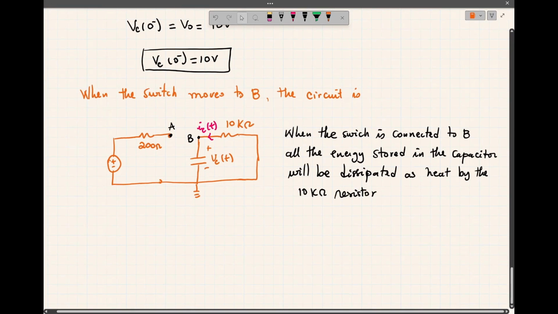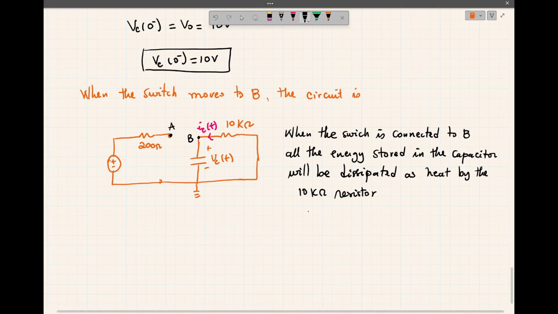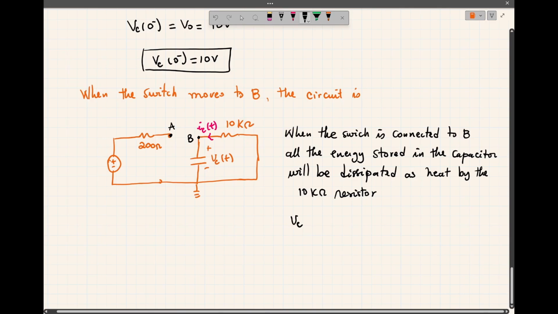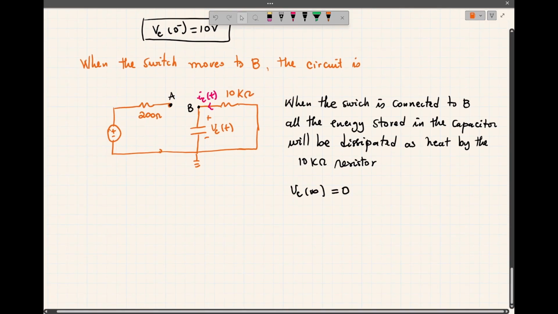And because the switch is connected to B for such a long time, all the energy will be dissipated, so the voltage across the capacitor will be equal to 0.